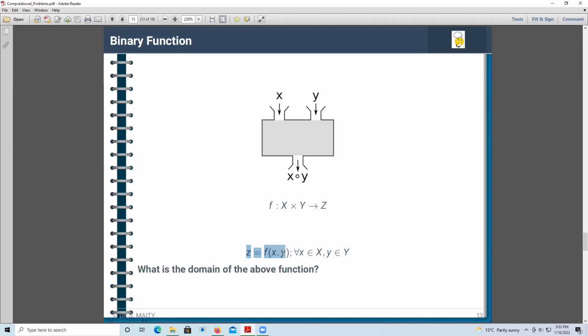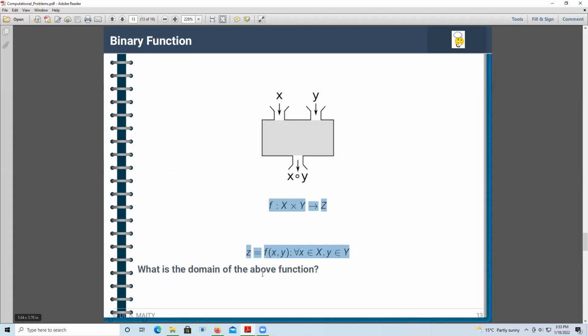Like in the unary case we use f(x) = y, in this case we use the notation f(x, y) = z for all x in X and for all y in Y. This is clear.